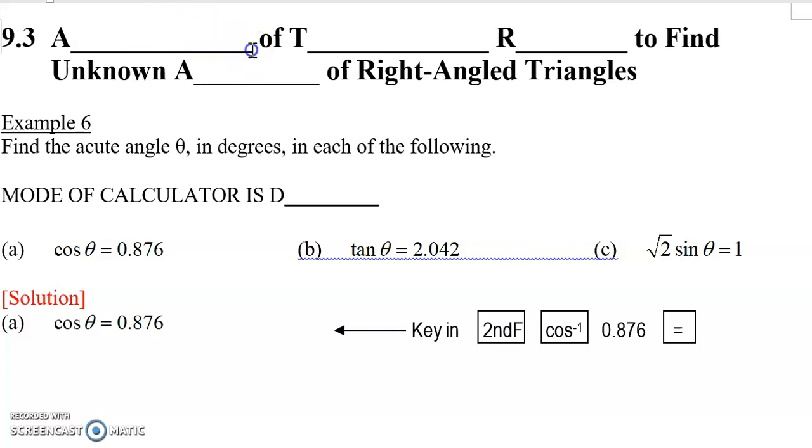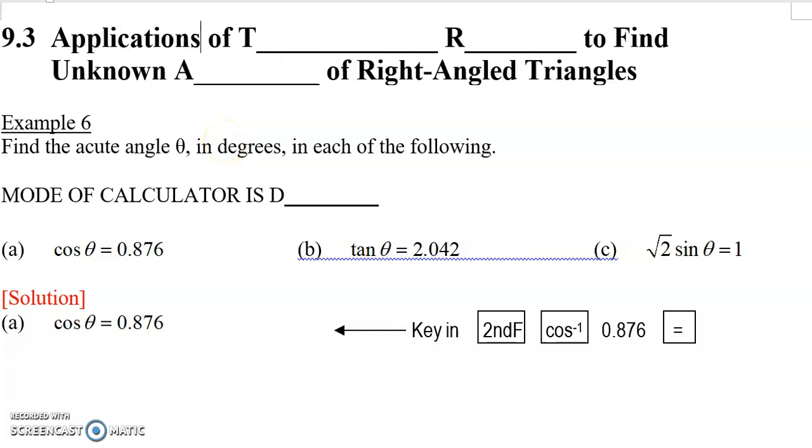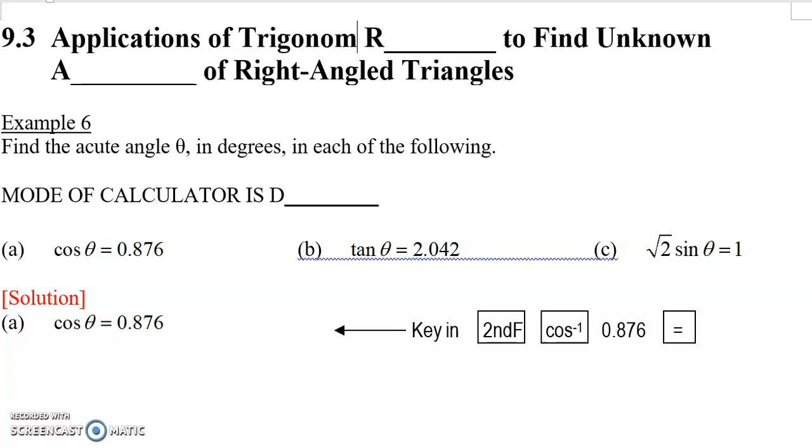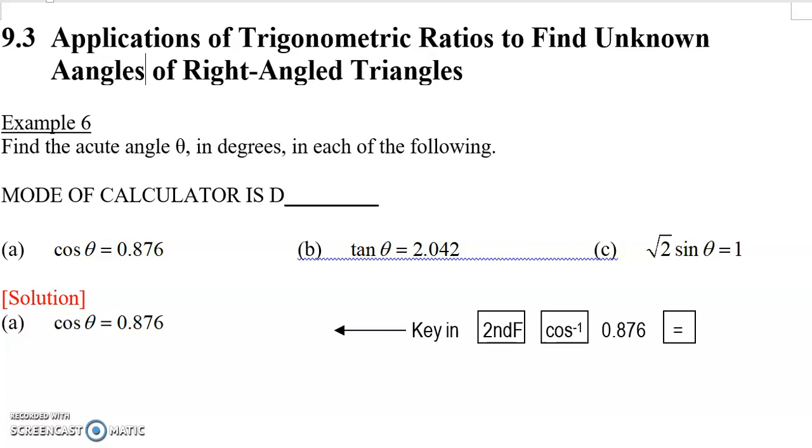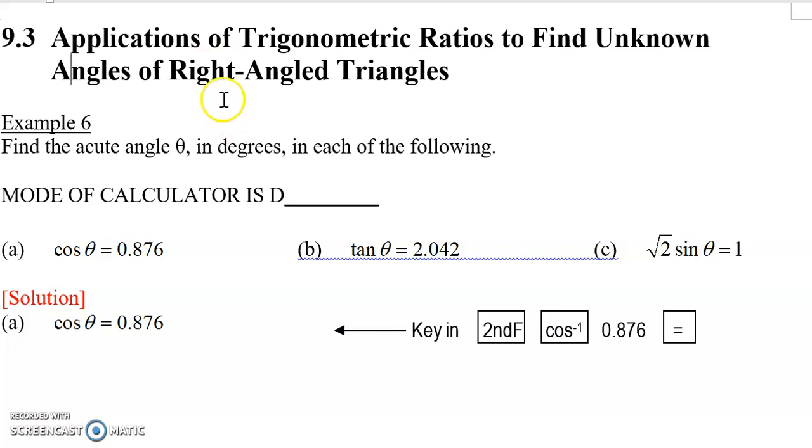In 9.3 now, you'll actually be looking at applications of trigonometric ratios to find unknown angles of right-angled triangles. Okay, please take some time to fill up the header as shown over here.